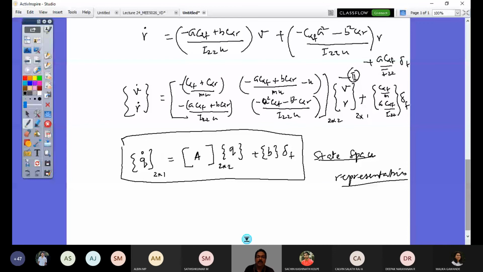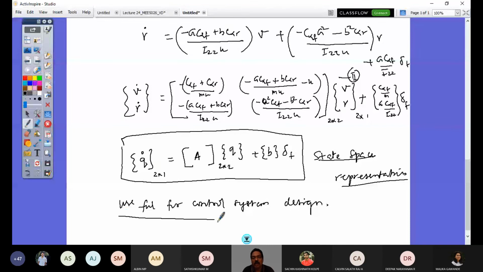This is useful for control system design, right? So you see there is an input term, you have this and this. There is also an output equation that we will see later on.